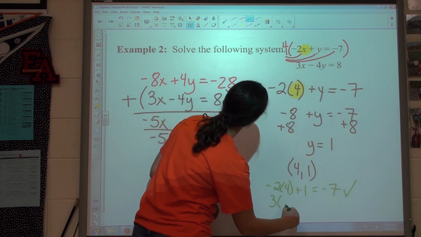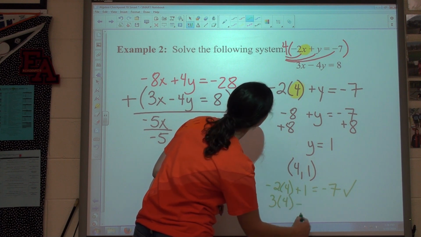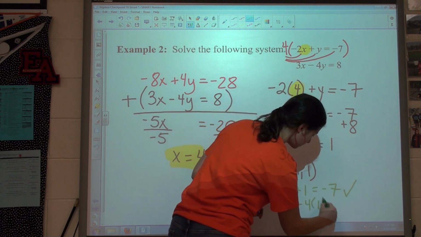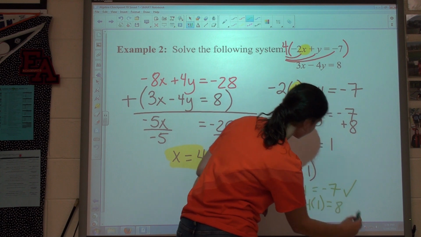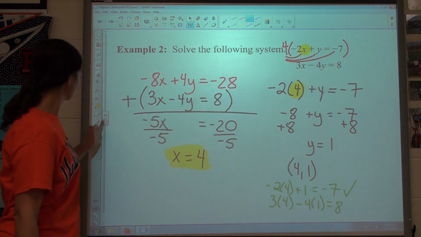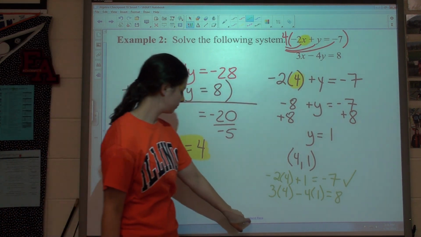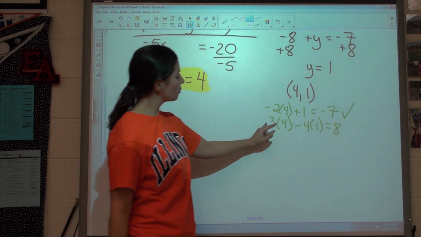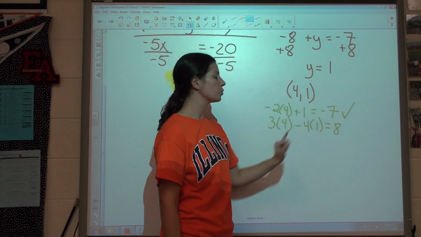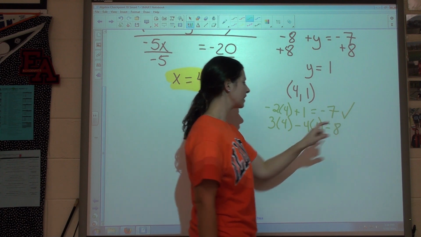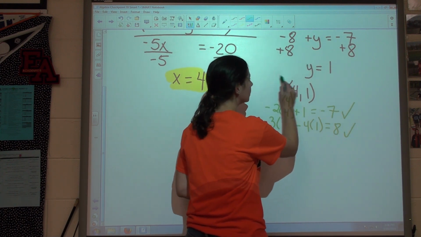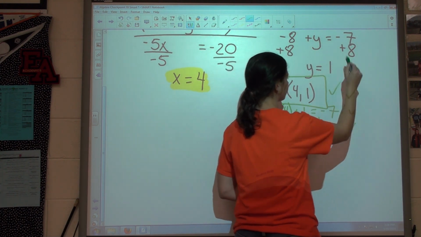Then I have 3 times 4 minus 4 times 1, and I want to see if that's going to give me an 8. 3 times 4 is 12, 4 times 1 is 4, 12 minus 4 is 8, so it works. So I know this is my final answer.